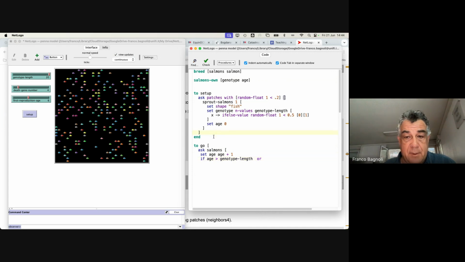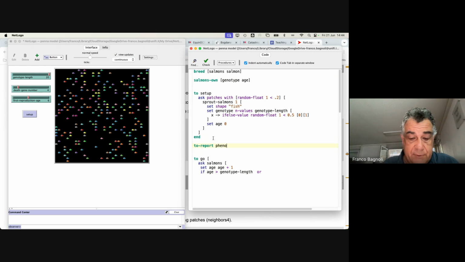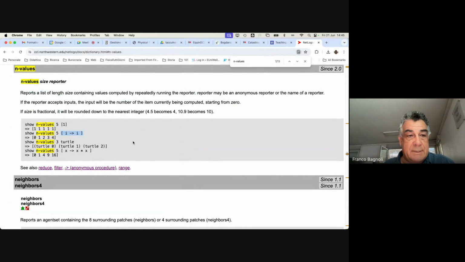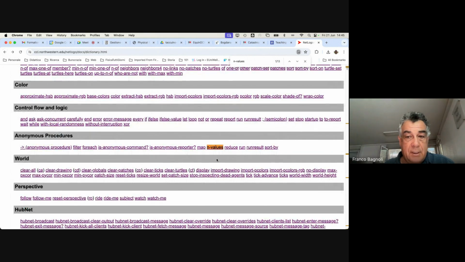Let me define a function in order to keep things compact. So to report phenotype, phenotype is the number of bad genes. Phenotype of G and the age. It is the number of ones before A. So we can use reduce.